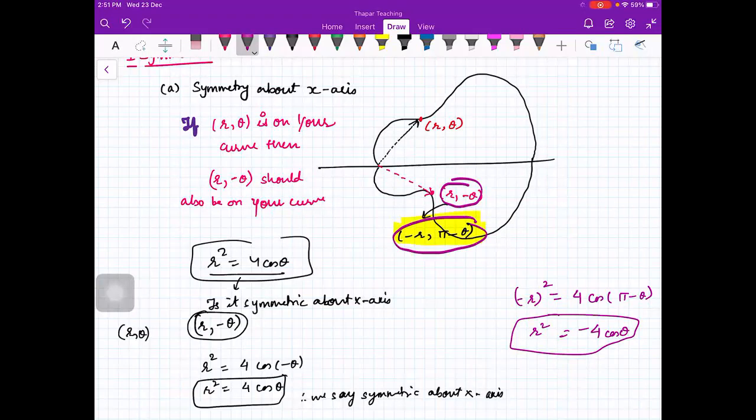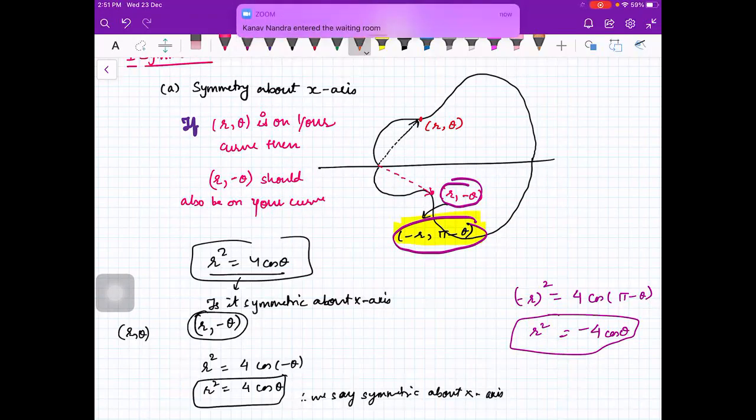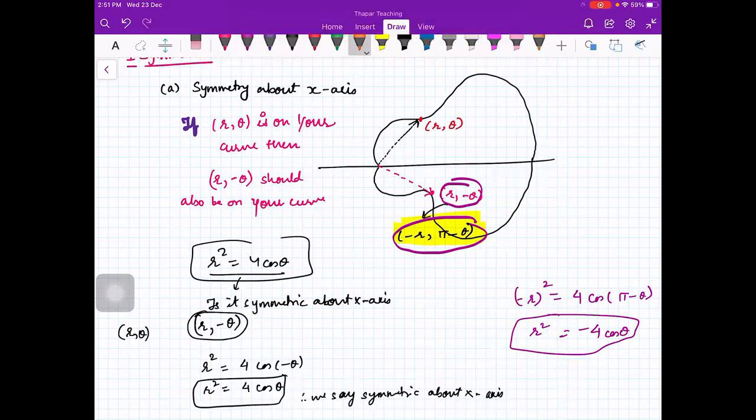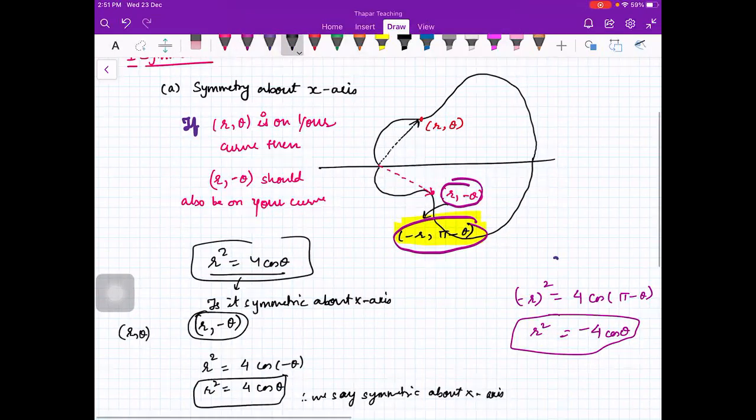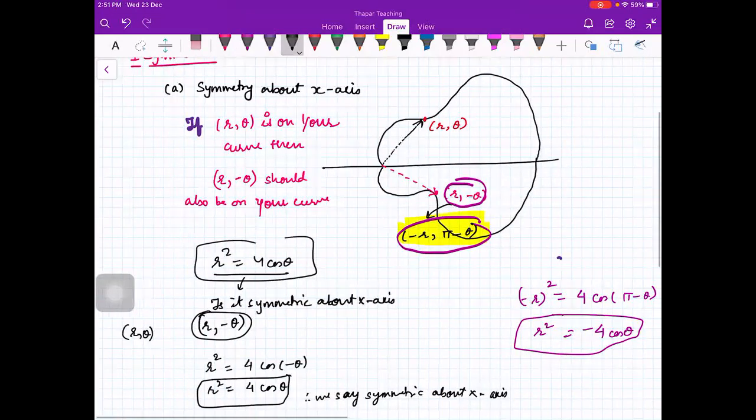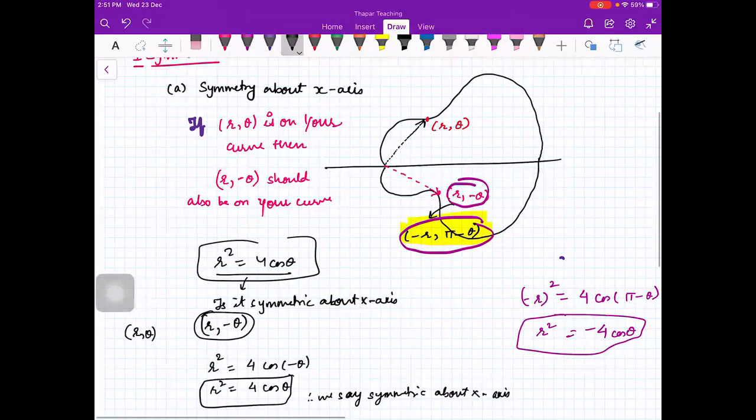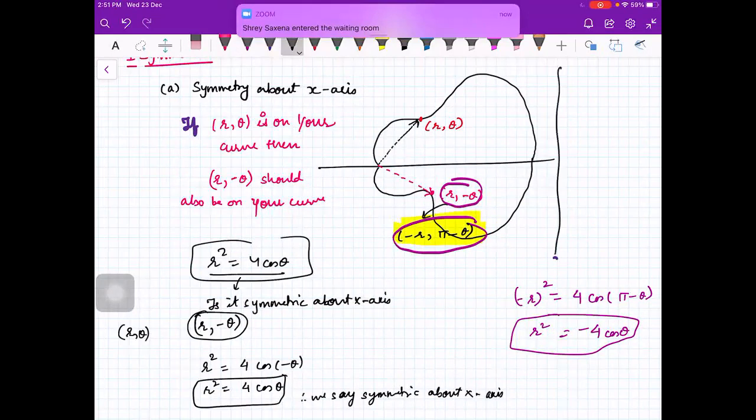The answer to this we will study later in detail, but I will give you an example in the case of polar coordinates. Look at this curve, r = 2 cos 2θ.